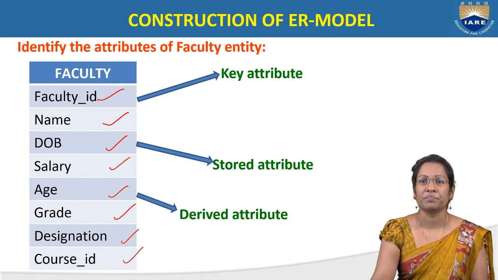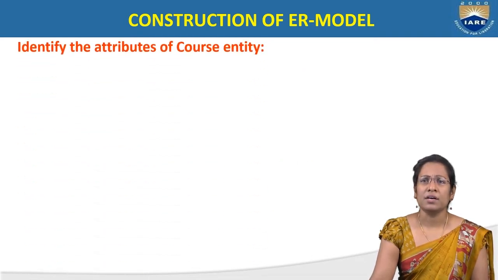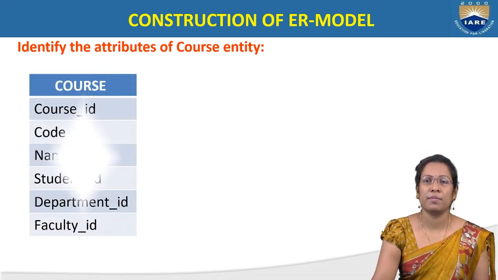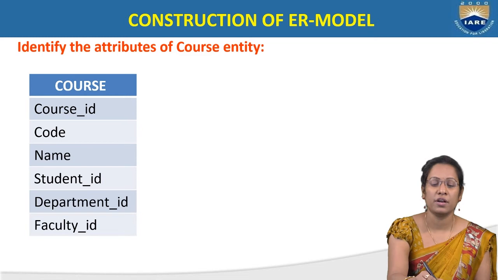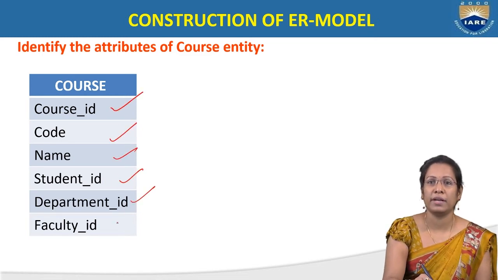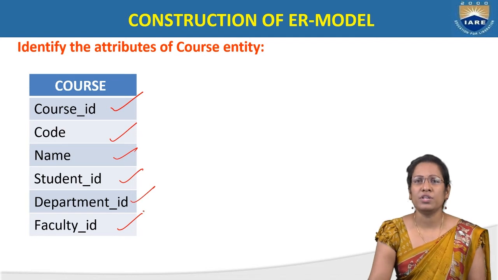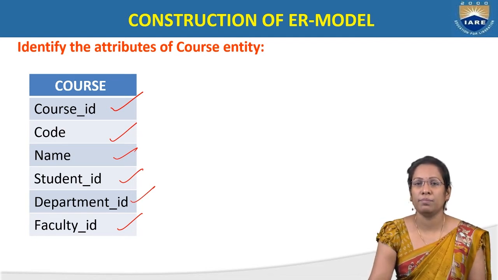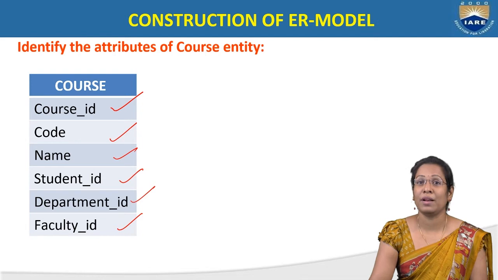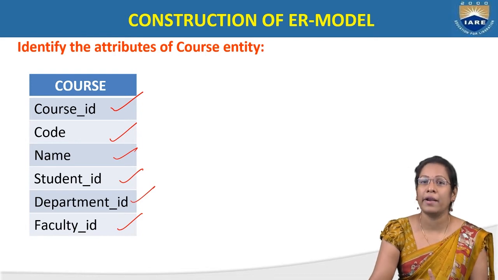Now the fourth one is the course entity. In the course entity, I am going to recognize some of the attributes: course ID, code, name, student ID, department ID and faculty ID. I included the student ID, department ID and faculty ID because under every course, the course will be taken by the student, run by the department and handled by the faculty.